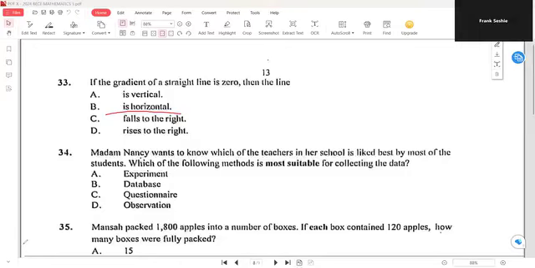Madam Nancy wants to know which of the teachers in the school is liked best by most of the students. Which of the following methods is most suitable for collecting data?